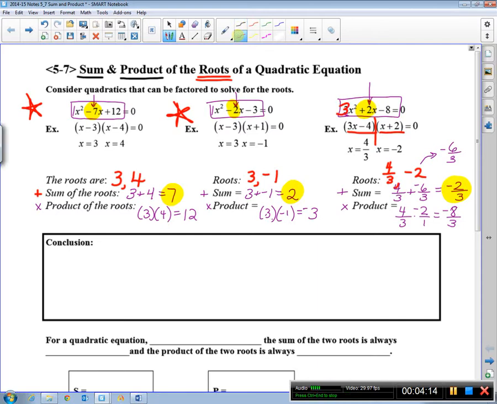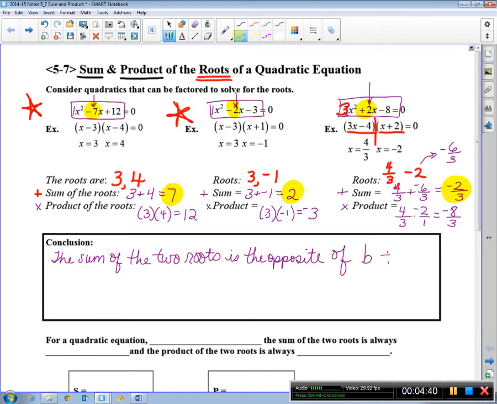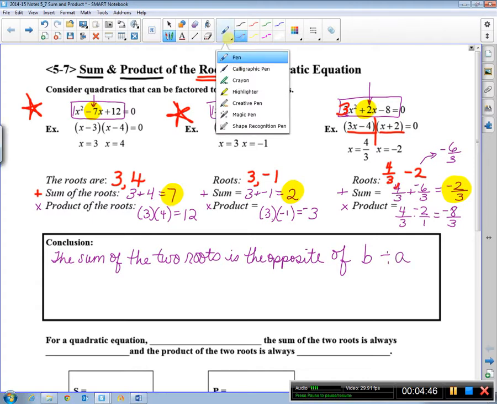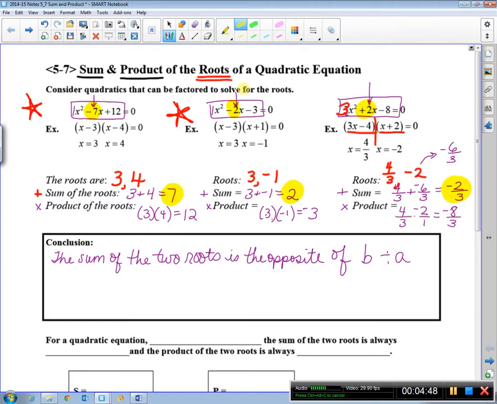So I'm going to write a conclusion for you that the sum of the two roots is the opposite of B divided by A. That'll become clearer in a moment if you missed it.